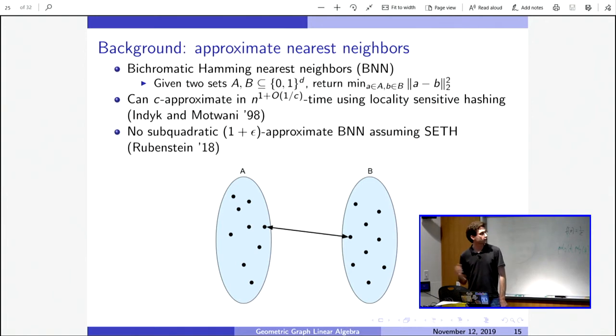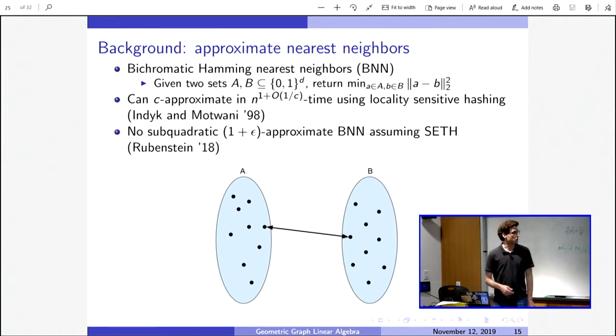This has been the subject of a lot of work, and in particular, there's this celebrated work by Indyk and Motwani that started the line of work on approximate nearest neighbors, and showed that you can C-approximate this quantity, this minimum distance, in order n to the 1 plus 1 over C time.